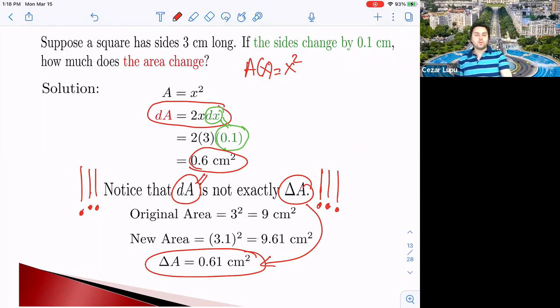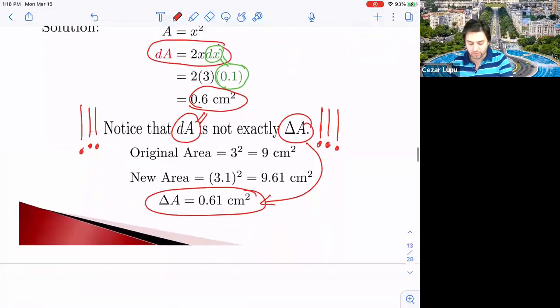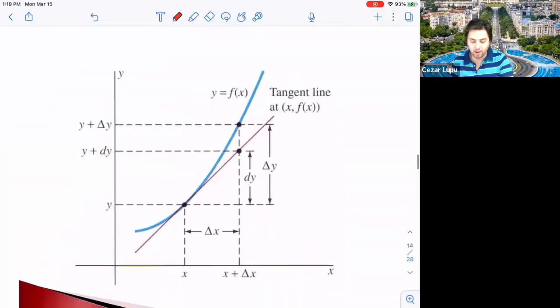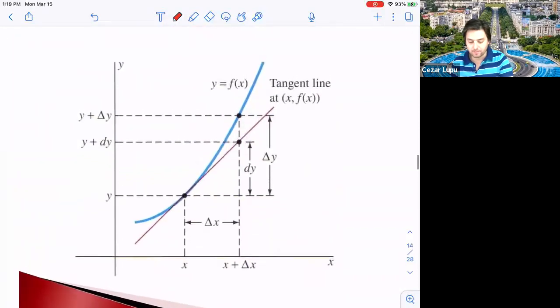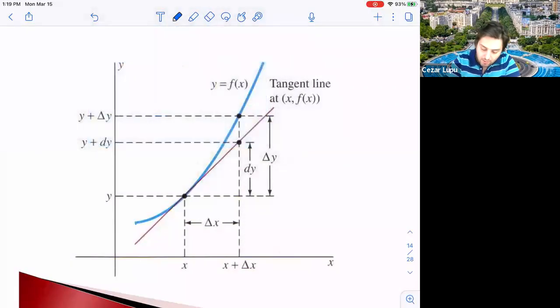And now let me show you a graph. We would like to see, if we have the graph of a function, how we're going to look at the tangent line, and how we're going to interpret all these changes, delta x, delta y, and so on. Okay, look at the following graph. You see we have the graph of f, y equals f of x.